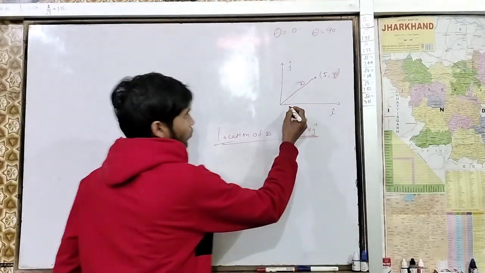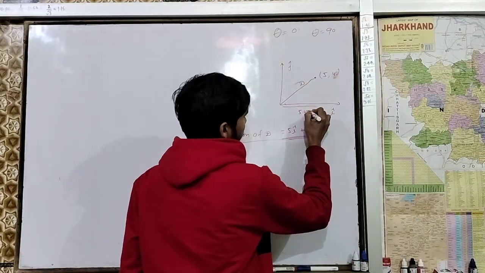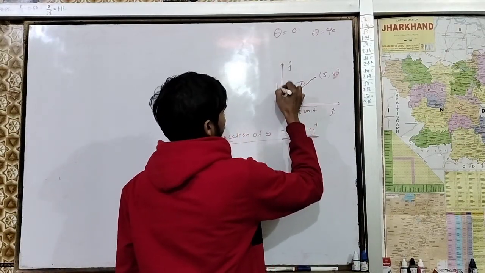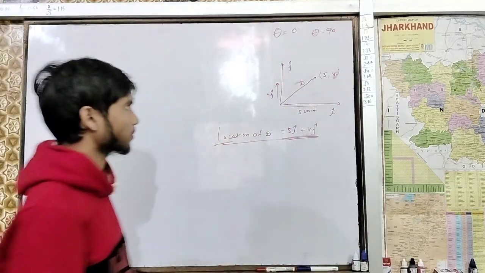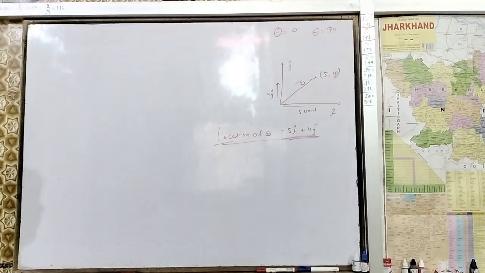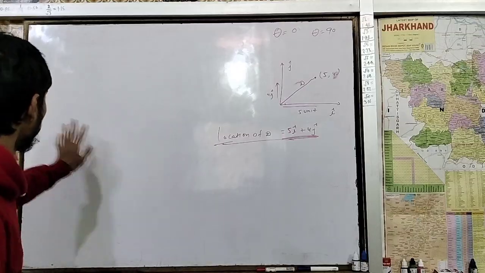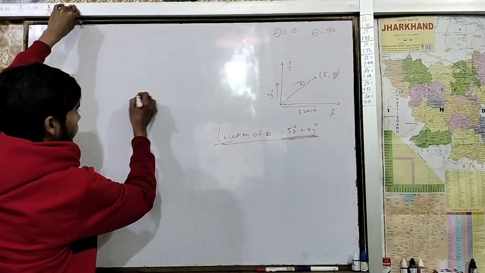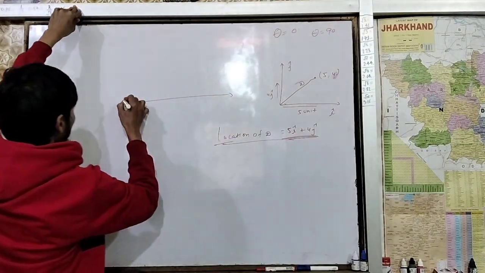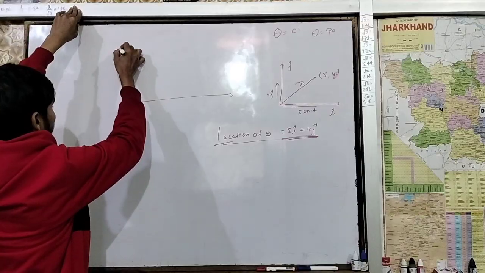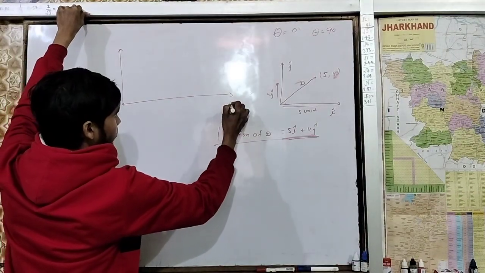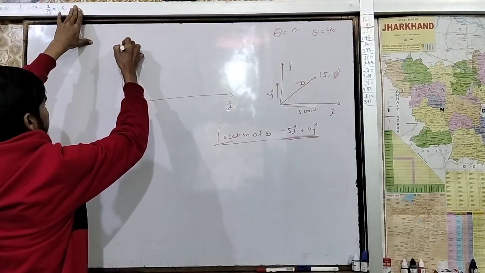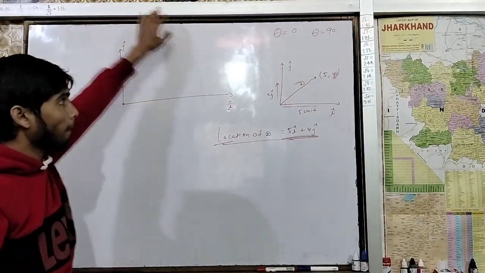Okay, 5 units this way and 4 upward. I would like to tell you the same thing here with i cap, j cap.